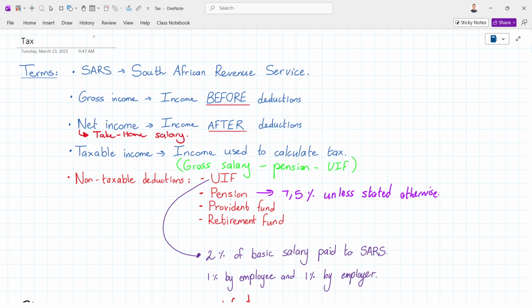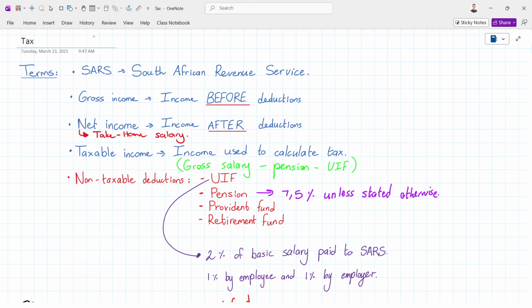Okay? The pension, provident and retirement fund all three fall under the same category, and it's 7.5% unless they state otherwise of your income. That's what you pay towards your retirement fund. UIF is always 2% of your basic salary, so that is not even your gross income.